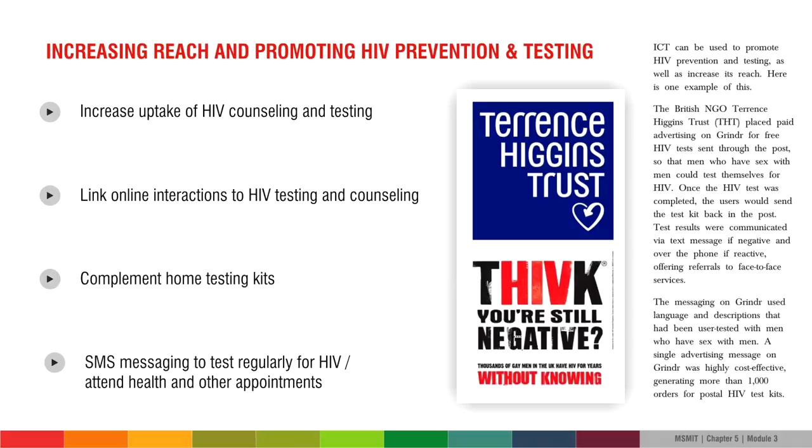Test results were communicated via text message if negative and over the phone if reactive, offering referrals to face-to-face services. The messaging on Grindr used language and descriptions that had been user-tested with men who have sex with men. A single advertising message on Grindr was highly cost-effective, generating more than 1,000 orders for postal HIV test kits.